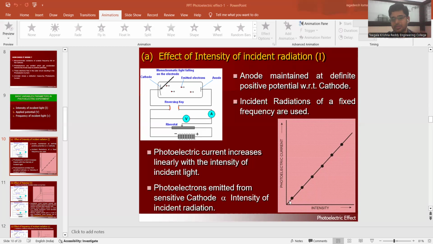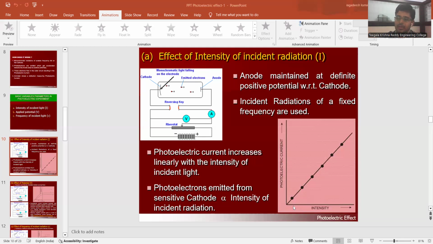The experiment is repeated. The next time, when we use light of higher intensity, more current passes through the circuit. How much intensity the incident light has, that much current passes through the circuit. That is the graph between intensity and photoelectric current.